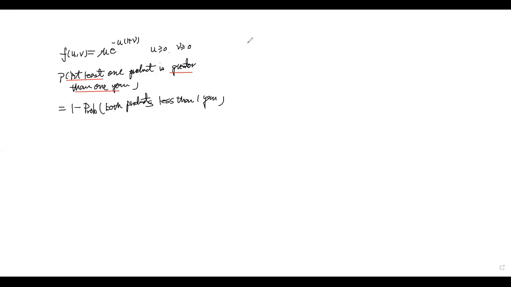For this joint PDF, the domain for U and V is u greater than 0 and v greater than 0, so it's the first quadrant. Both products less than 1 year means u is up to 1 and v is up to 1, so we are looking for this area.